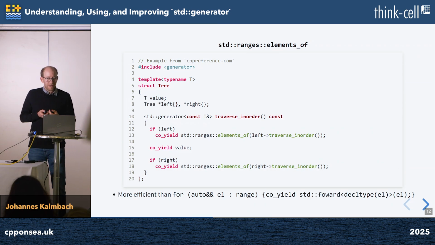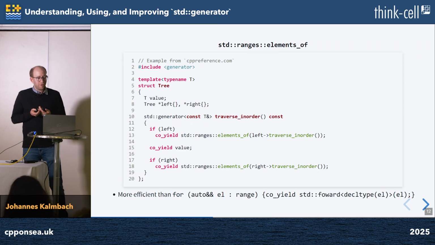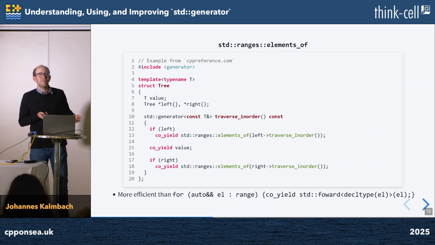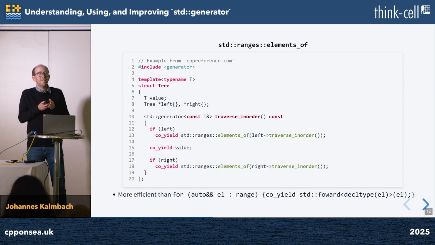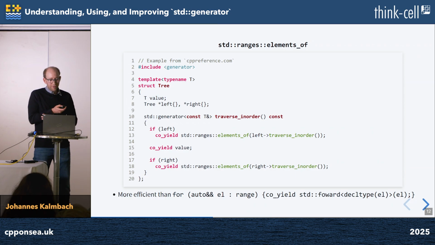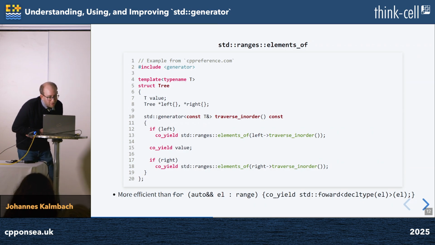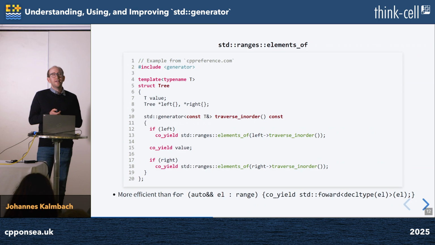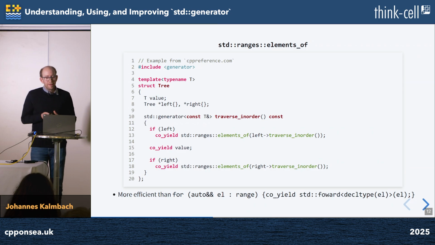If I now iterate in order over a tree, I first get everything from the left, then the middle element, and then everything from the right. And what this co_yield ranges elements of in lines 13 and 18 does is it yields recursively all the elements of the range there.